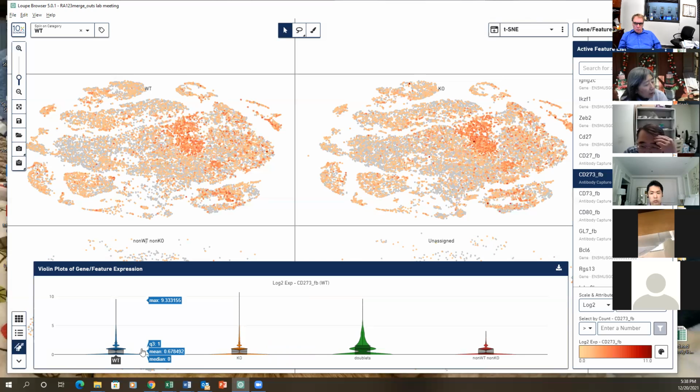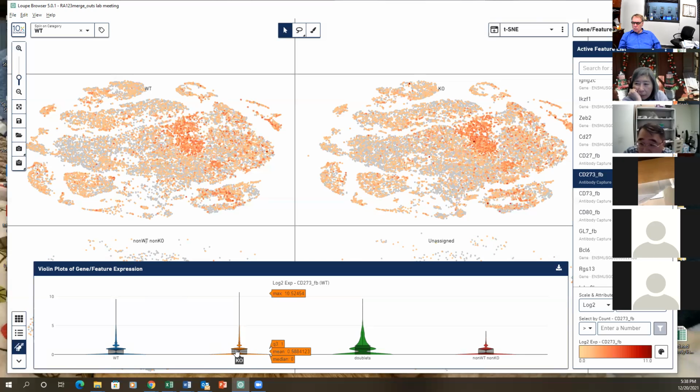Another issue is for this feature barcode, you remember we did flow sorting. When we sorted, we used the same antibody for CD27, 273, 80. And then we used CiteSeq again. So the same antibody is supposed to block the CiteSeq antibody. So we cannot use these to say, because in a way it's manipulated.